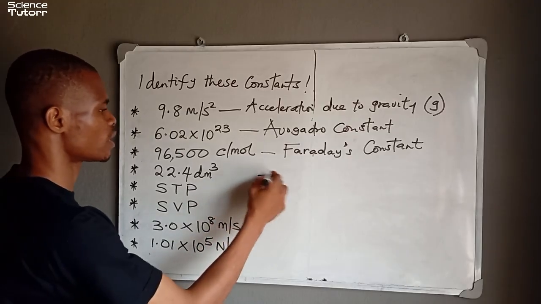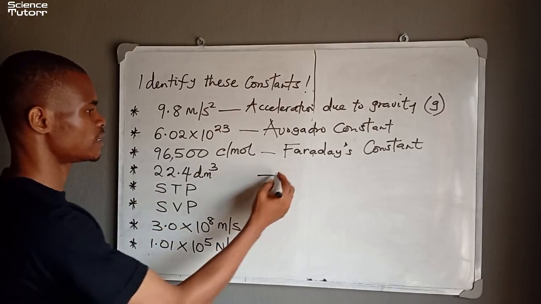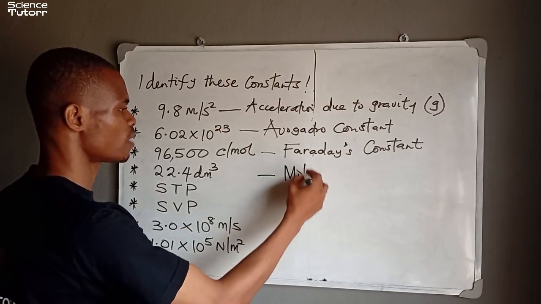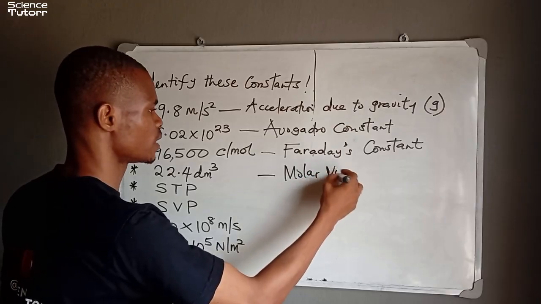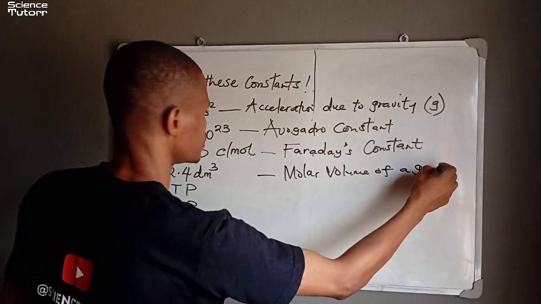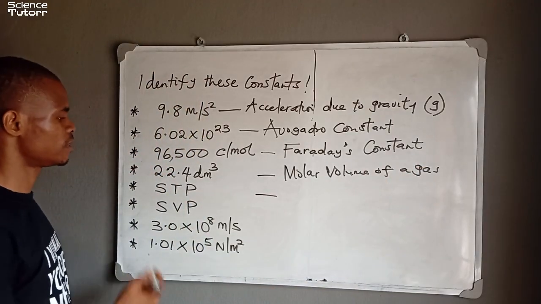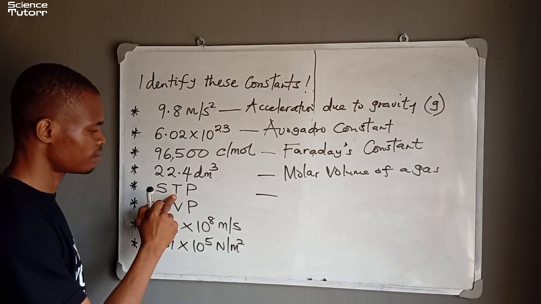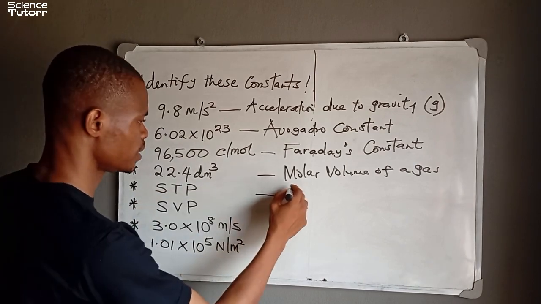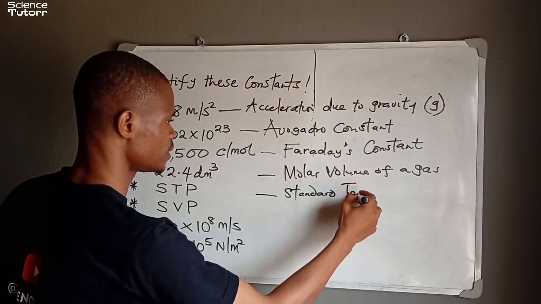The next, we have 22.4 dm cube. This has to do with the molar volume of a gas. That is what this term is. STP, standard temperature and pressure. That is the meaning.